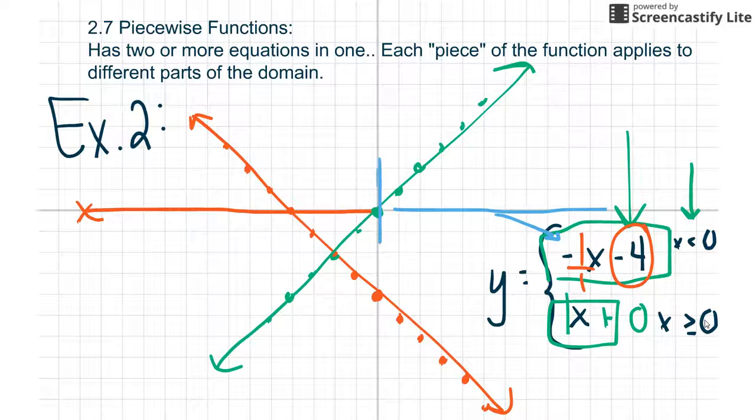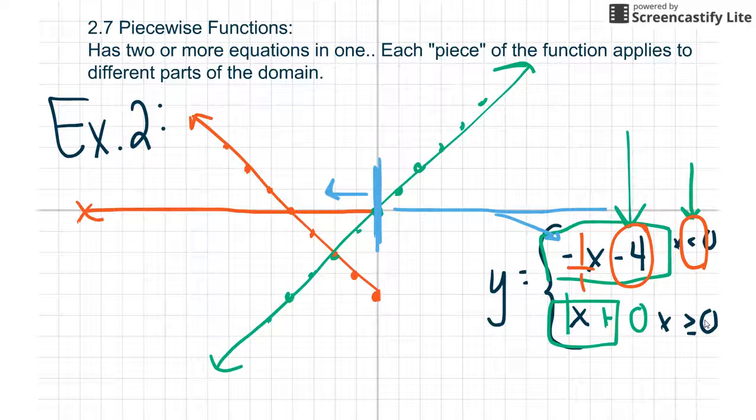So if it says that x has to be less than 0, like let's say I win money if I would land on this line when x is less than 0, well, I go find where x is less than 0, and it's anything going that direction, and it's my orange line. Everything will win me money if I go to the left.